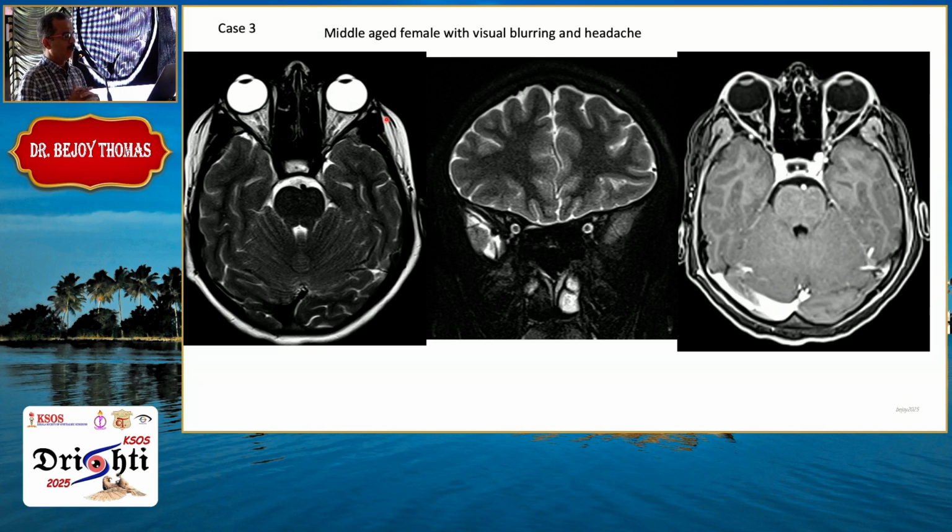Whenever a patient comes with acute onset or relatively acute onset visual blurring and headache, we can go directly for an MRI, because that is the gold standard. One thing I would like to highlight is that there is a tendency to do a CT scan initially, followed by an MRI if needed.